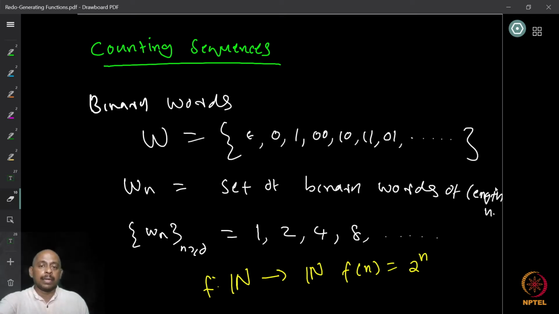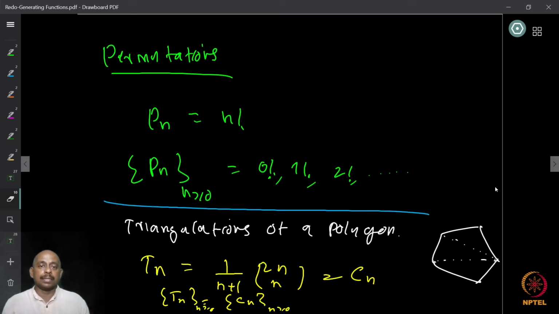So that is one nice example of a counting sequence. Now we can look at other examples. As we said, we can look at the number of permutations. We know it's n factorial for an n-element set. Therefore, I can talk about the sequence Pn, which is 0 factorial, 1 factorial, 2 factorial, etc. And that is the counting sequence for the permutations.